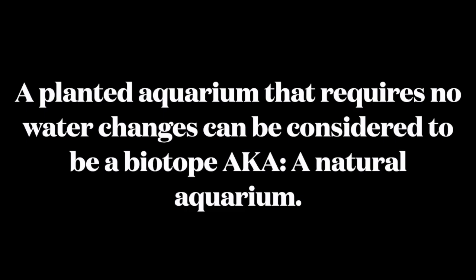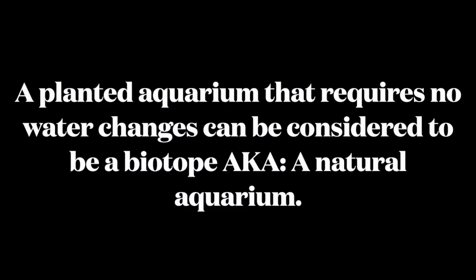An aquarium may be a biotope or natural aquarium, but only if all the various cycles govern themselves and it does not need to be maintained, which means it needs to complete the nitrogen cycle in its whole under anoxic conditions and complete dissimilatory denitrification.